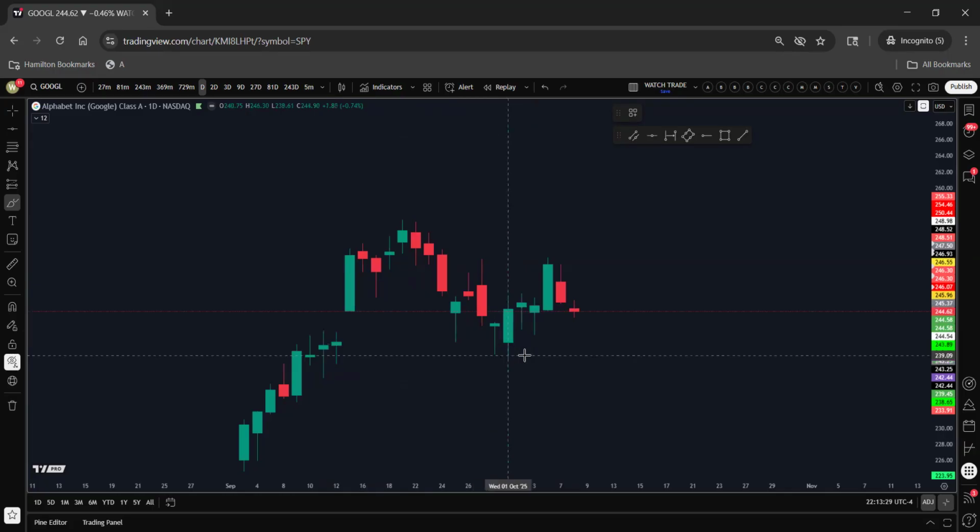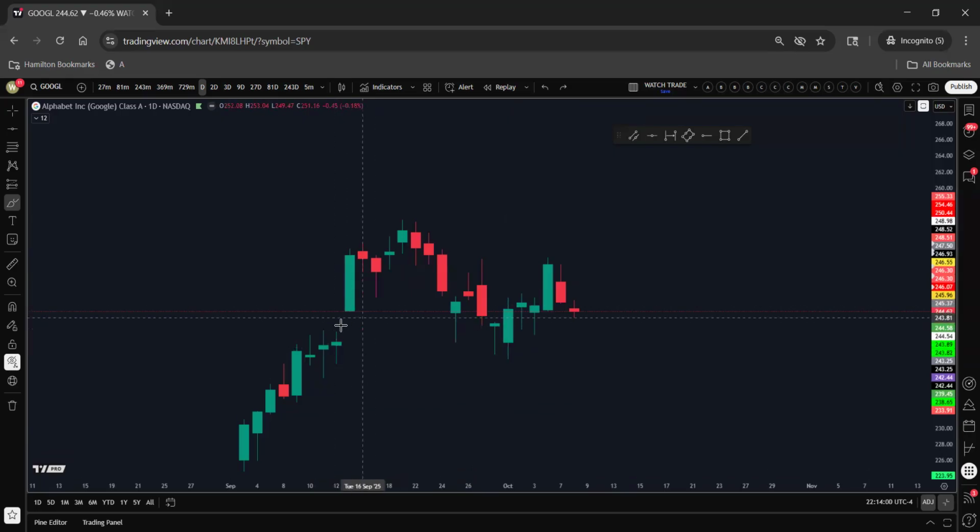So we filled the gap. This was a gap fill for sure. But this is a gap fill, close, reversal. Gaps typically fill 90% of the time. Gap downs get filled 90% of the time.